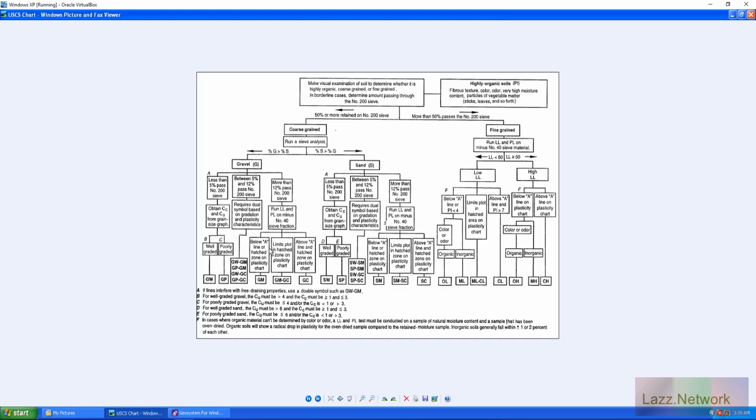If you think it is going to be plastic, do you think it's going to be either below or above the A line, or, well, actually no, it's either going to be below the A line or within the hatch zone. That's right, because, oh yeah, never mind, GC's on there. So it would have to fall within one of these other ones, and that's why you have the option of indicating that if you want to.